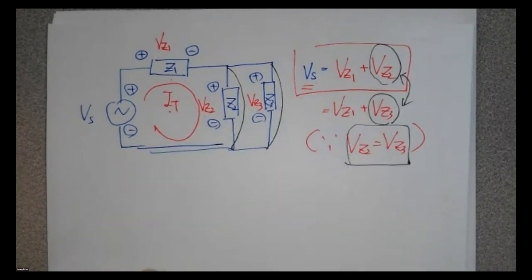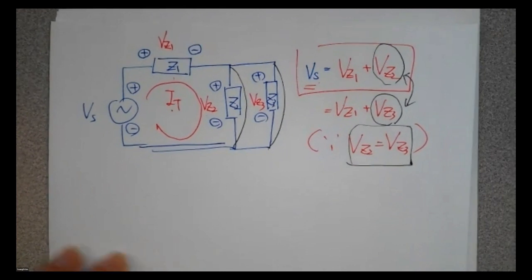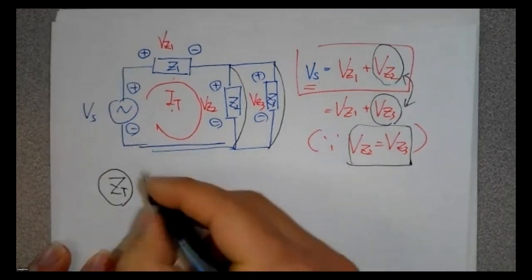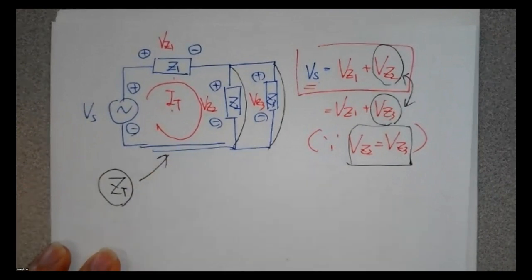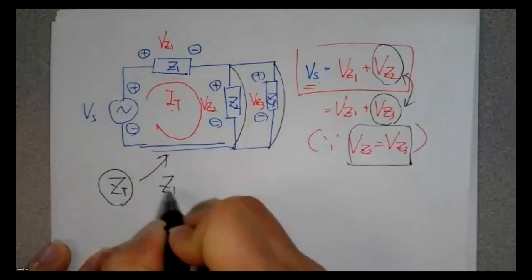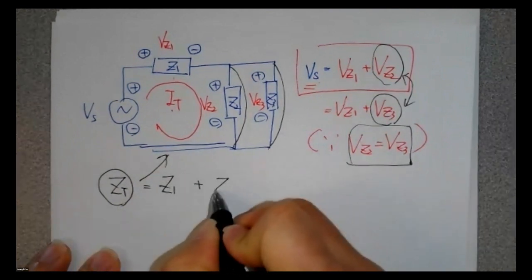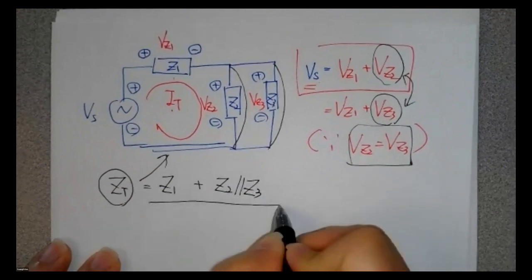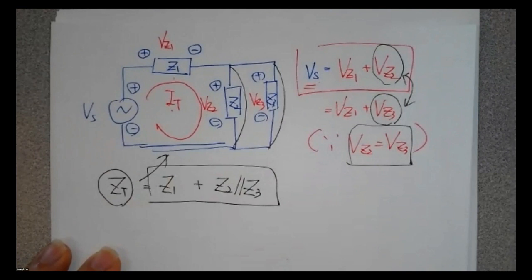So what is the total impedance from this circuit? What is the total impedance from this circuit? So G sub 1 plus G sub 2 parallel G sub 3. Okay, that is very important.